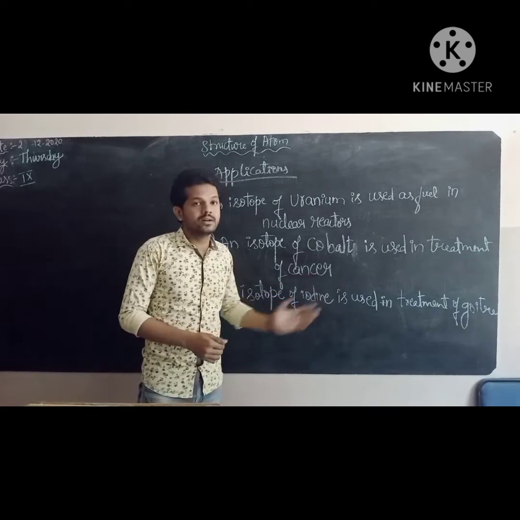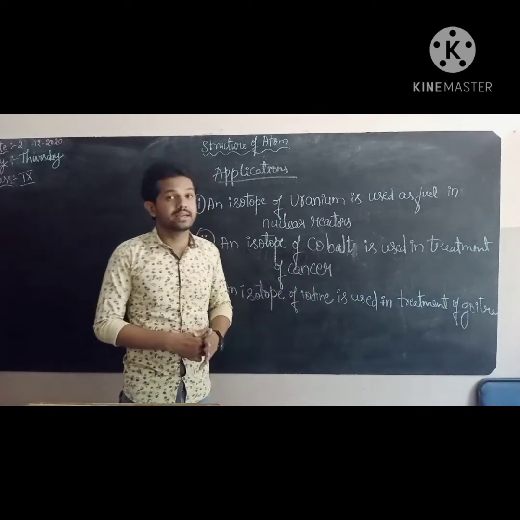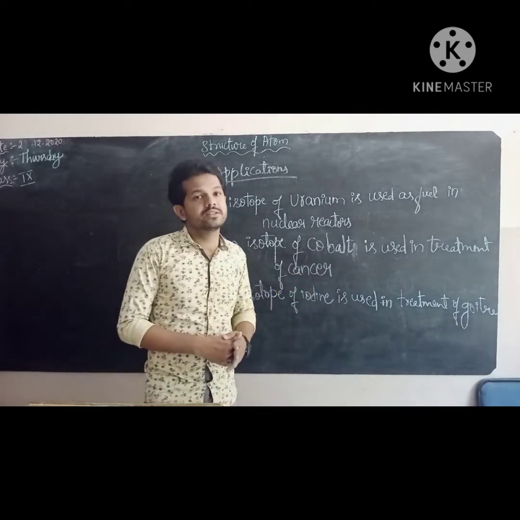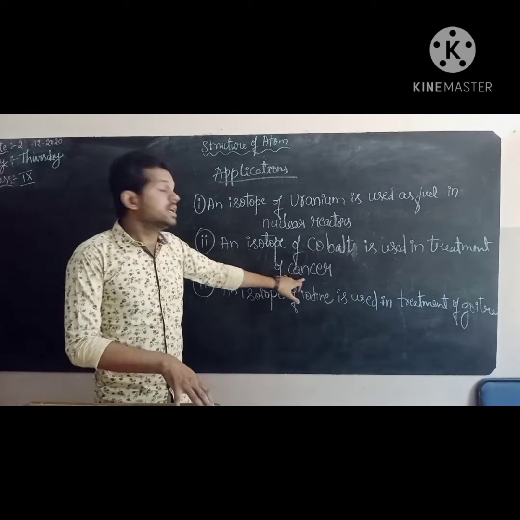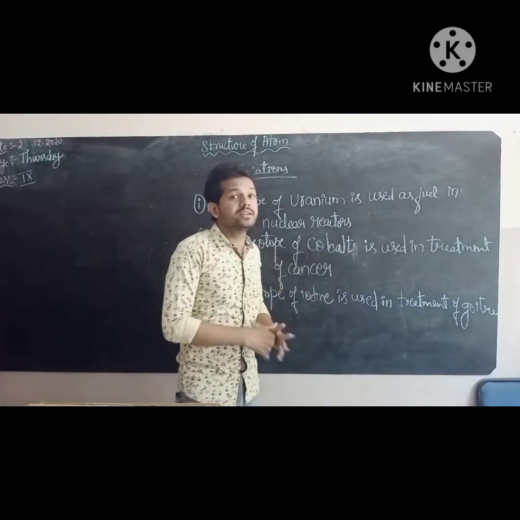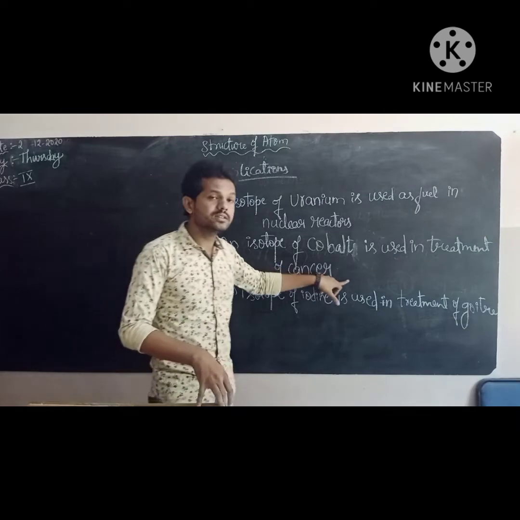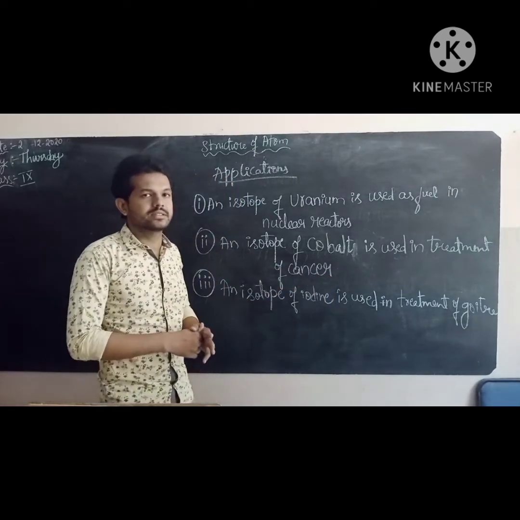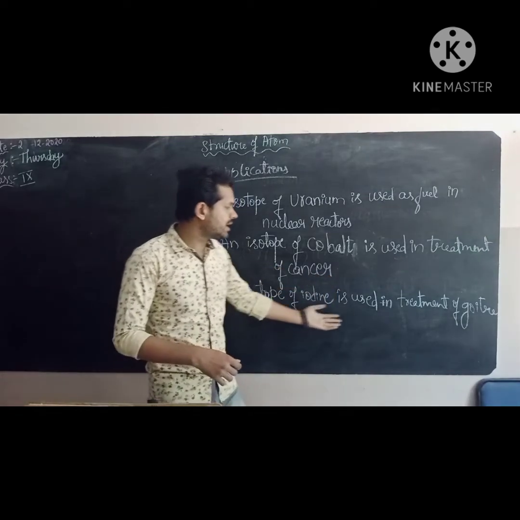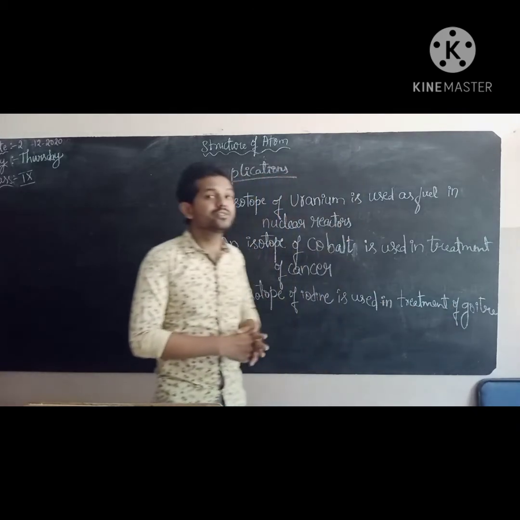And next one is an isotope of cobalt is used in the treatment of cancer. You know about the disease, that is cancer. It is one of the dangerous diseases. So this isotope of cobalt is used in the treatment of cancer. Next, an isotope of iodine is used in the treatment of goiter.